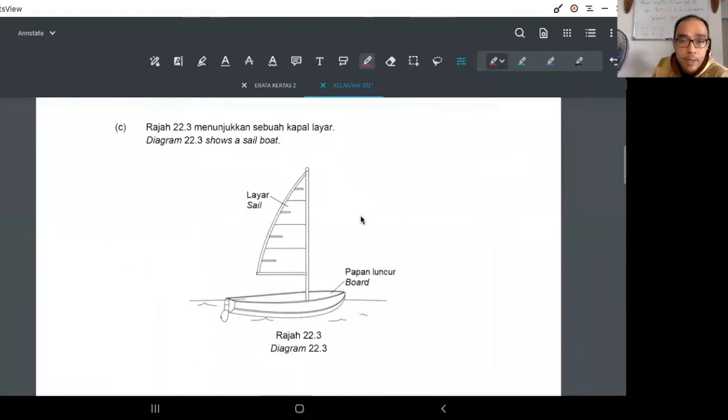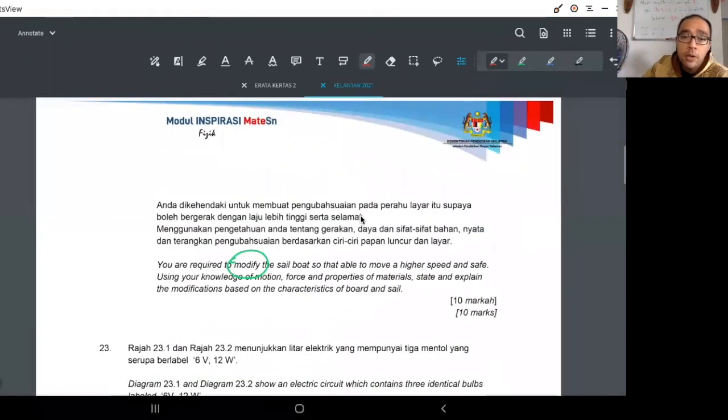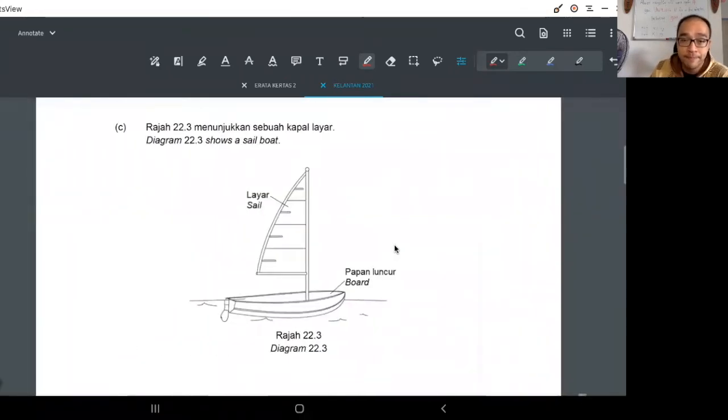Okay, sailboat. So how do you modify the sailboat so that it can move at a higher speed and it is safe? Using your knowledge of motion, force, and properties of materials, state and explain the modifications based on the characteristics of the board and the sail.